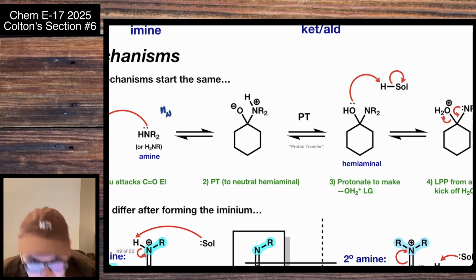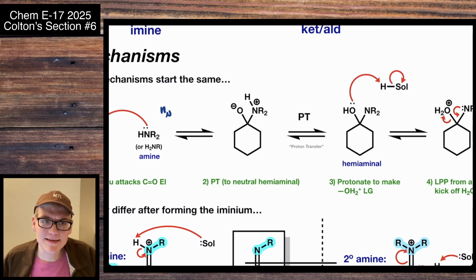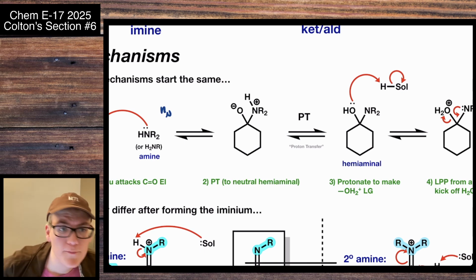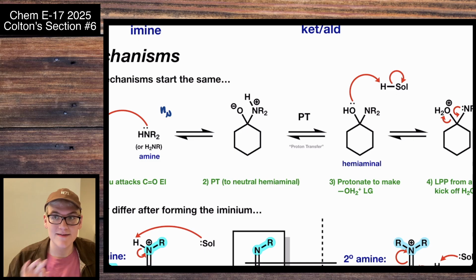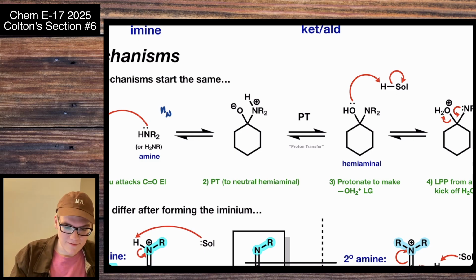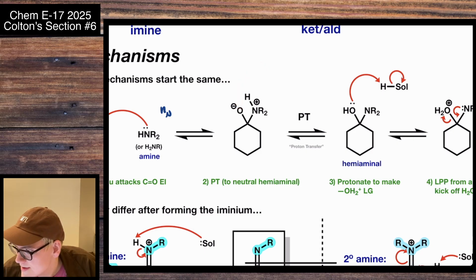Step 2, and this is where I did something a little bit different than Serenia, but I think we're both right. I think they're both totally fine and valid. So in Serenia's version, she first did a protonation of this with whatever is in the solution. Let me double check exactly what she used.